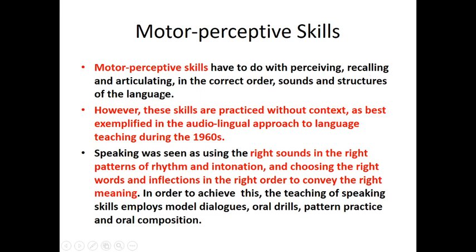Then recalling and articulating: you are able to recall and articulate, put that into your own words, in the correct order, the sounds and structures of the language. So, the grammar, in a way. You are able to know your grammar, the structures of the language.